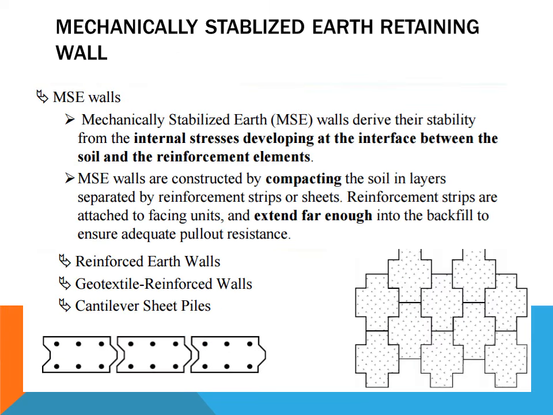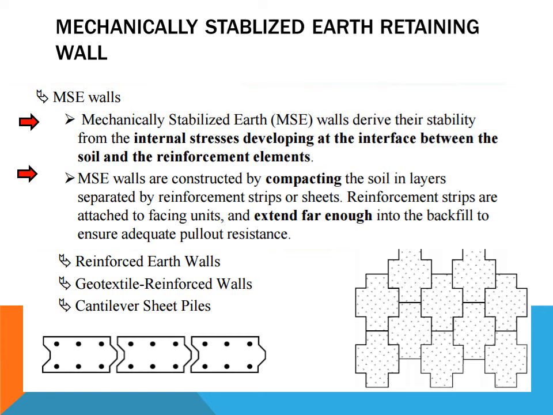Alright, so now we will proceed to another part of this video, which we call the mechanically stabilized earth retaining wall, or MSE wall. They get their stability from the internal stresses developing at the interface between the soil and the reinforcing element.